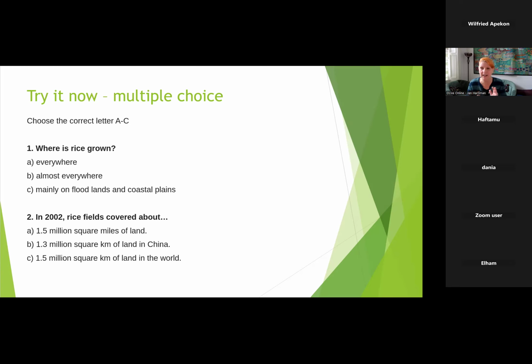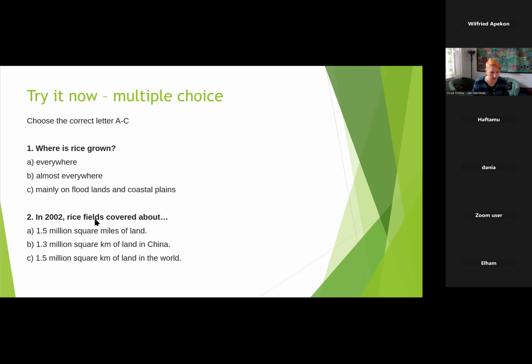Maybe it will say what area of the world grows the most rice. But if I'm thinking about synonyms, when you say where, what are you talking about? You're talking about places. All right? Exactly. So that's what I mean by summarizing a question.